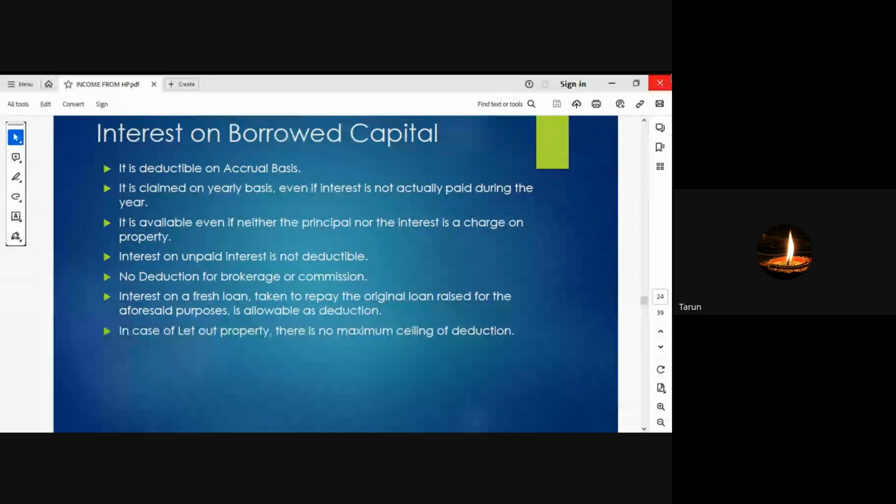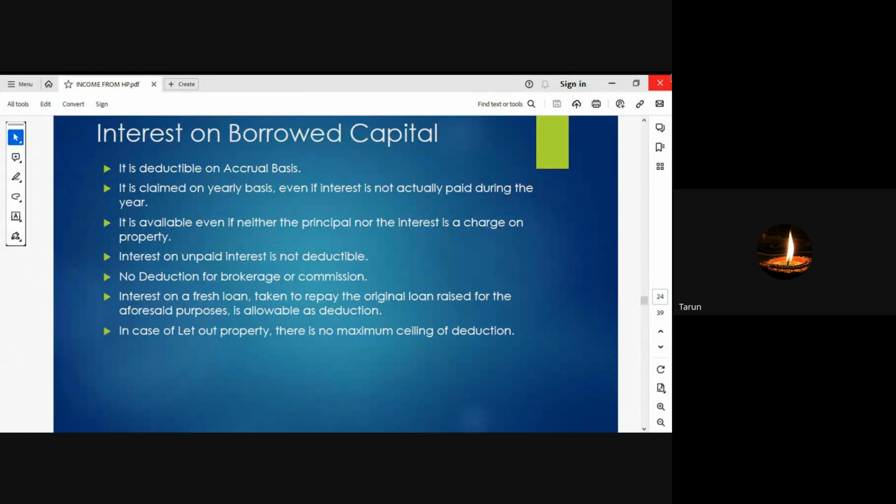In case of a let out property, there is no maximum ceiling of deduction. So we always say there is no maximum limit on the deduction amount, like 5 lakh rupees being chargeable as deduction if they let out the property.